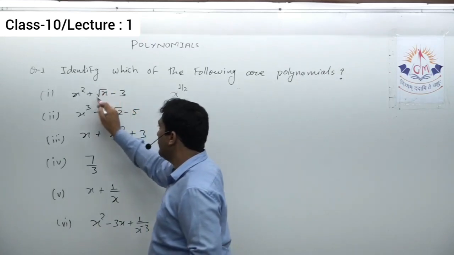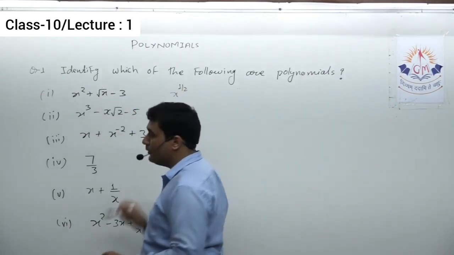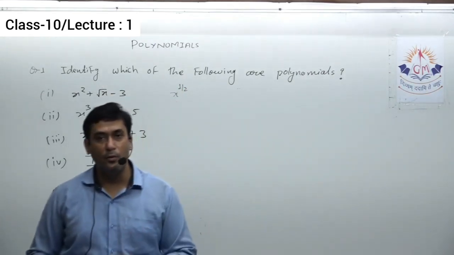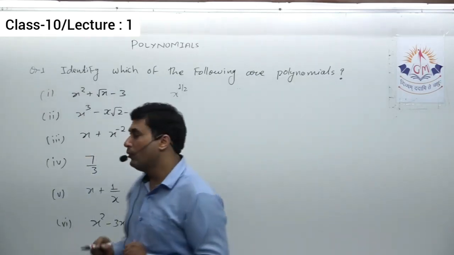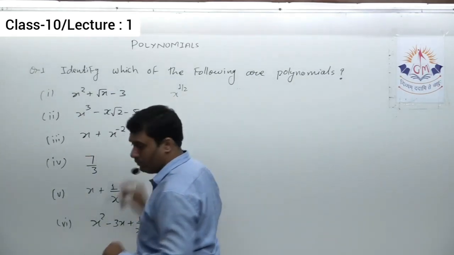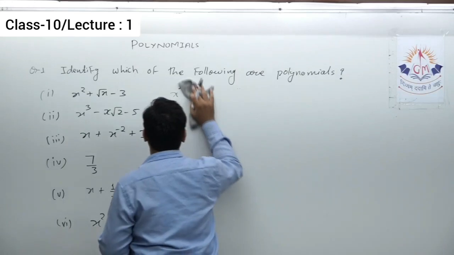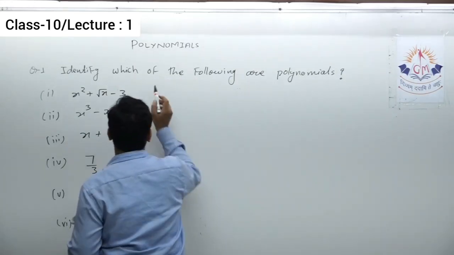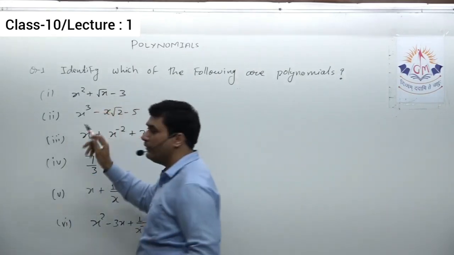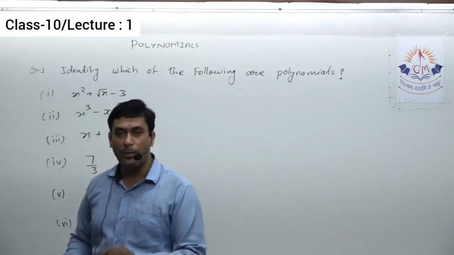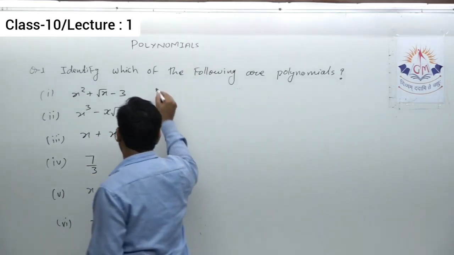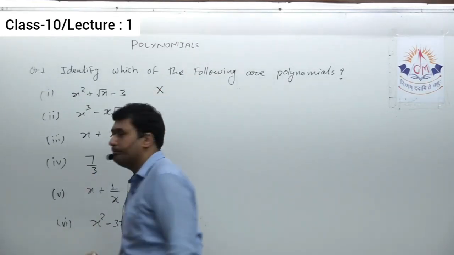Now, this term has power 1 by 2, and we know the power of the variable must be a whole number. 1 by 2 is not a whole number. So this is not a polynomial. Over here we can say this is not a polynomial because not all variables have the power as a whole number.